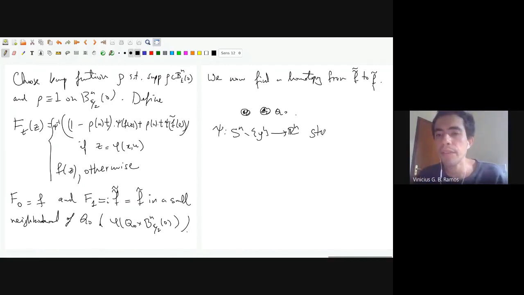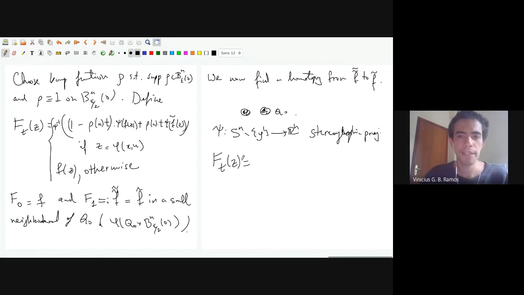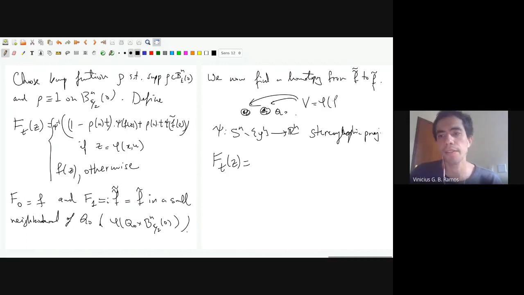Okay? So this is this stereographic projection. And then now I can just define ft of z to be, sorry, I'm using the same letters, but now I'm doing something else. I'm defining a new psi and a new ft. Let me call this neighborhood of Q0 V. So V is this phi of Q0 times B of epsilon over 2. Okay, so let me not be so sloppy.